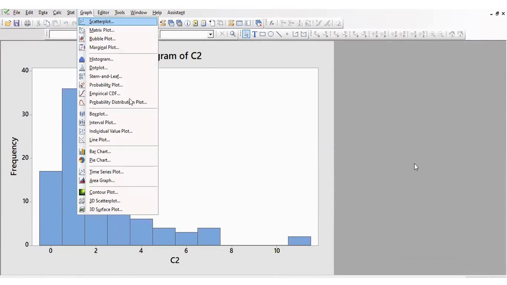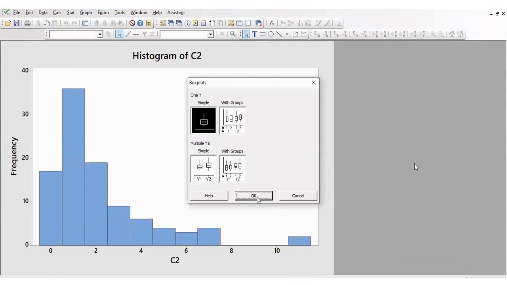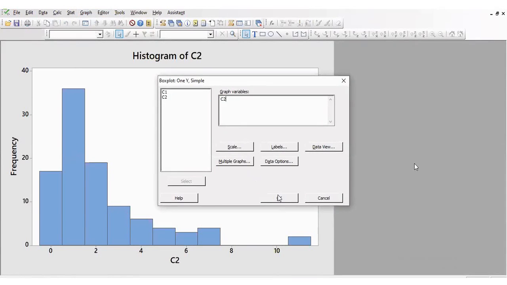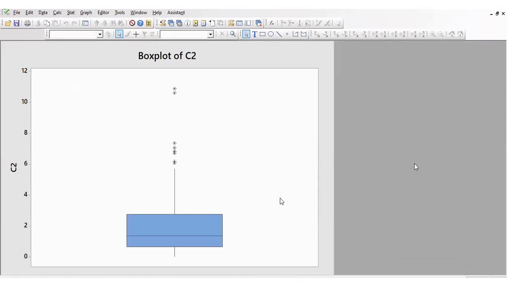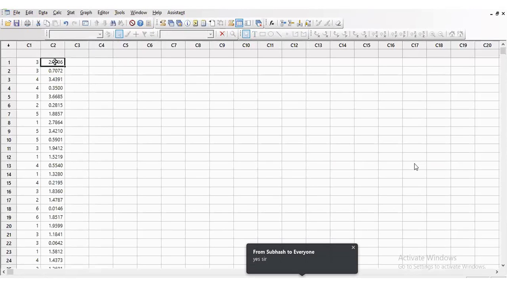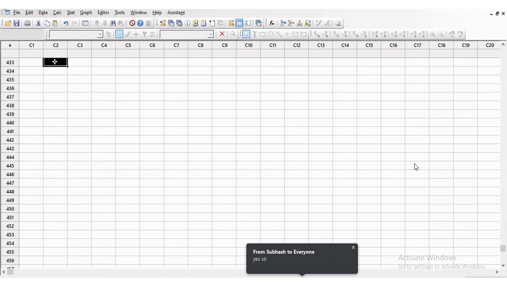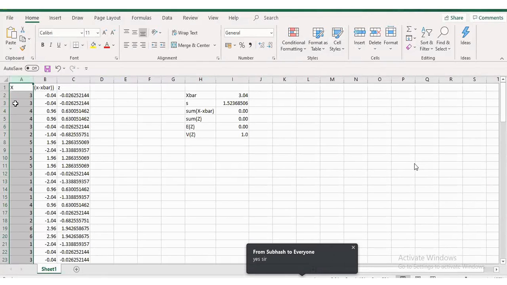You can verify this with the box plot also. It is definitely not normal. Are you understanding what I'm saying, guys? Friends, all are with me. So now I'll take this data and copy it here. I'm copying here.